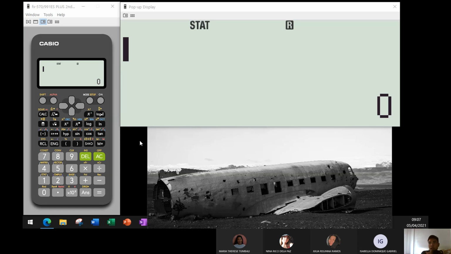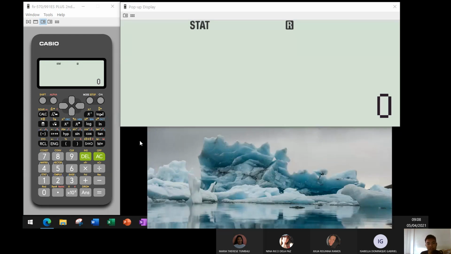Ano pa? Transmittance equals transmitted over incident. Okay. So P over P0. Then absorbance equals negative log of T. Yan lang. Yun ang mga equation na ginamit natin. No? So hopefully may natutunan tayo today, no?